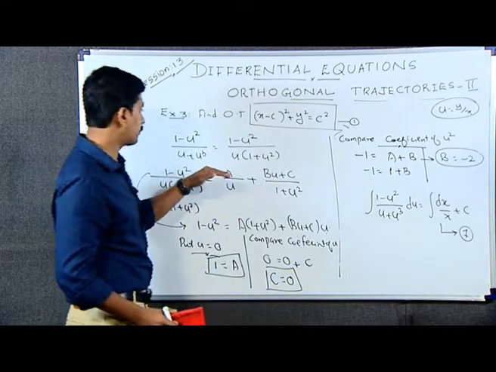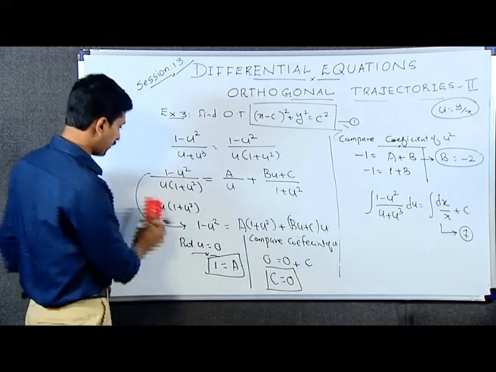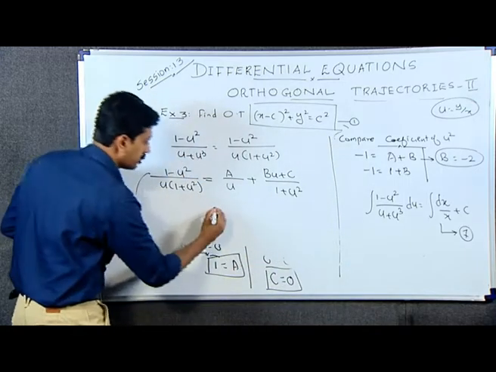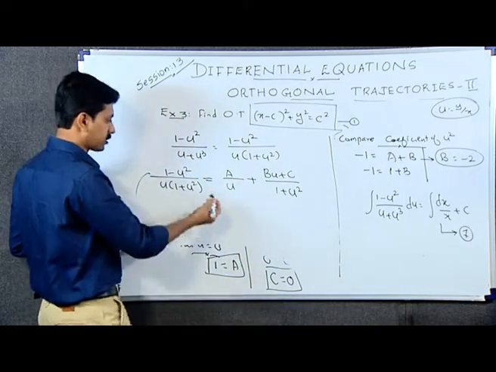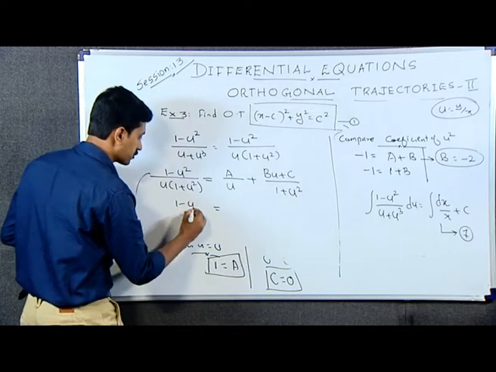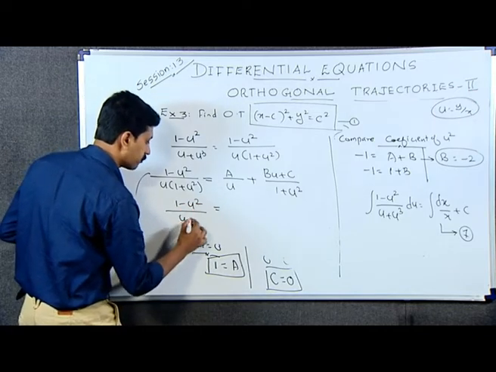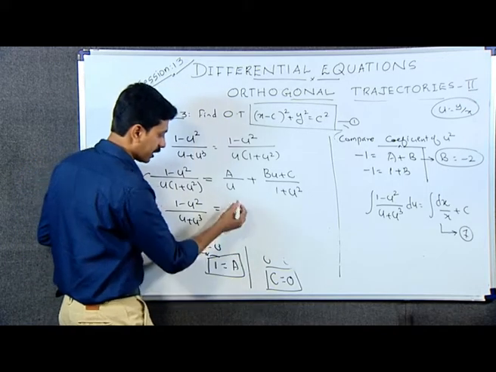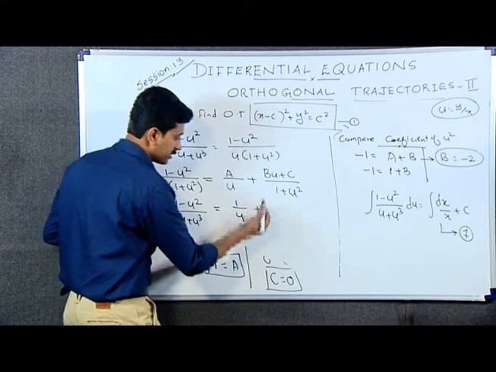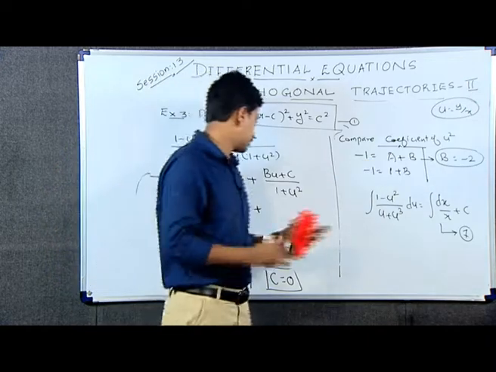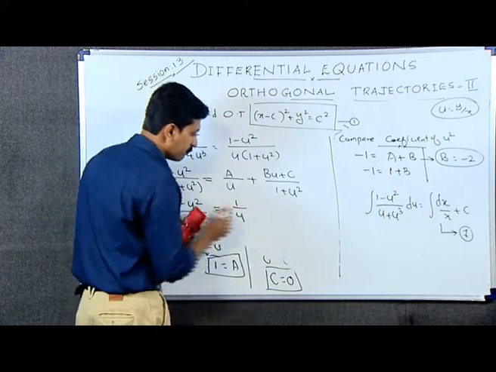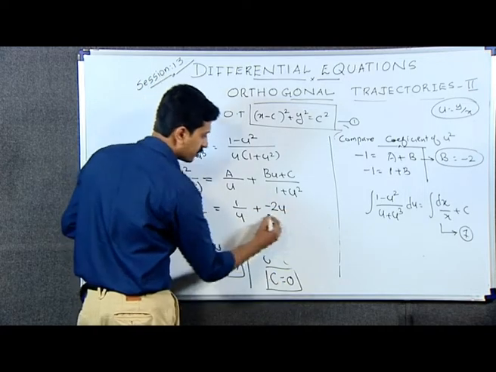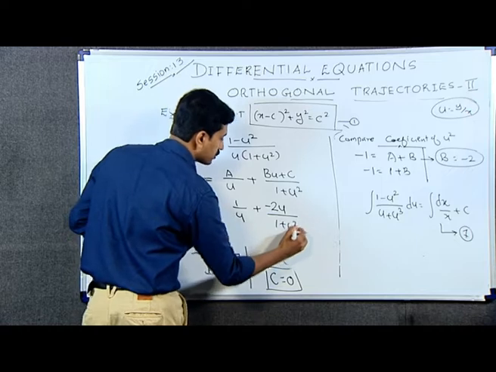Now we can replace these values here. This expression, 1 minus u square divided by u plus u cube, we can replace as a divided by u with a as 1, plus b as -2, so -2u plus c as 0, divided by 1 plus u square.